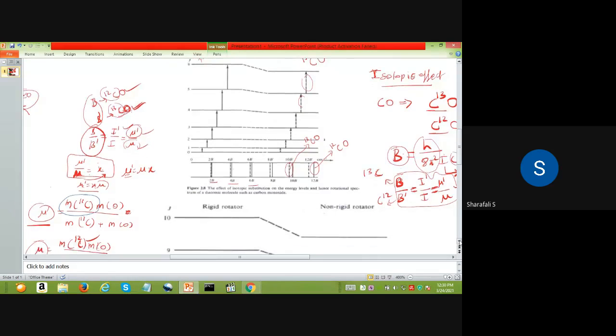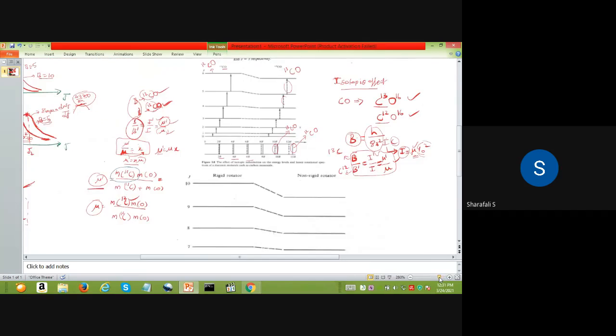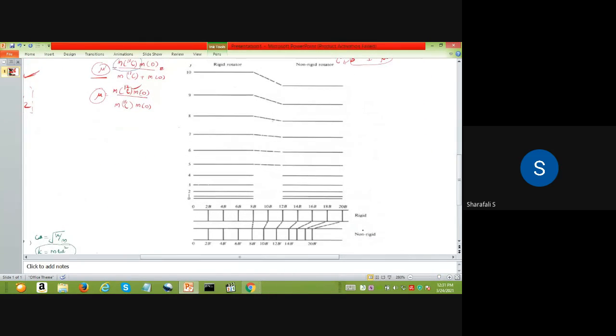And then we discuss the case of rigid and non-rigid rotator, what will happen to those energy levels and the spectra which come out. It will look like this. For the rigid rotator, without the vibrational effect, only the rotation we have to consider. In that case, we will have energy levels as shown here.